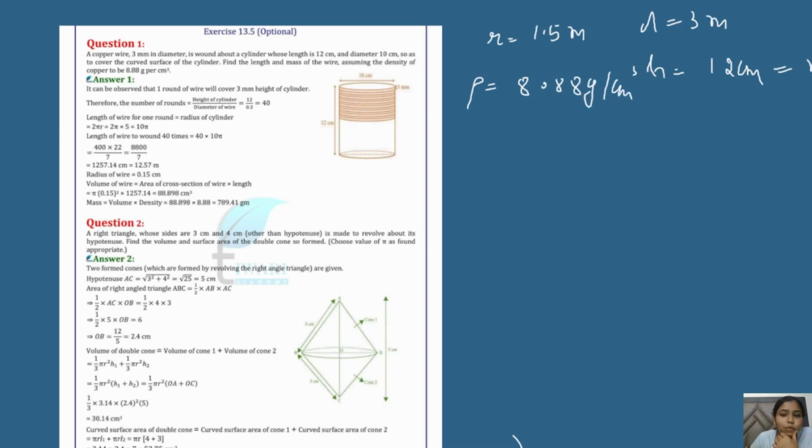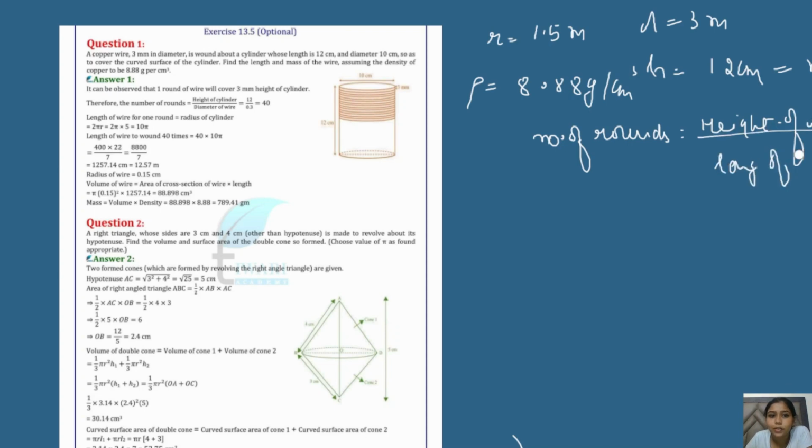In earlier classes we studied the number of bricks concept: whenever we put bricks in a wall, we can find the number of bricks by dividing the area of the whole wall by the area of one brick. Here we are wrapping copper wire around the whole cylinder, so we take the height of the cylinder divided by the thickness of the wire.